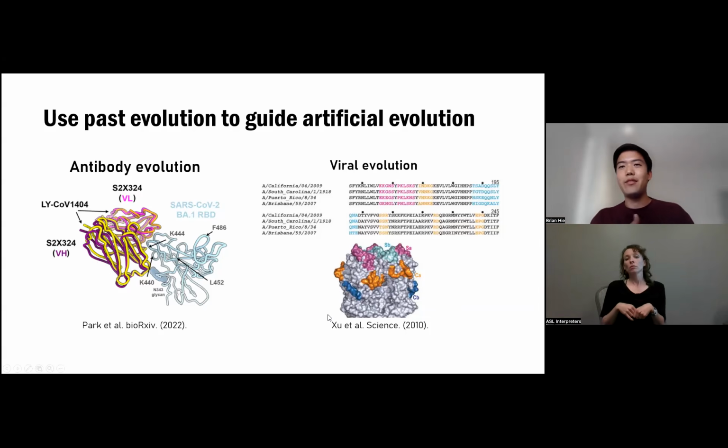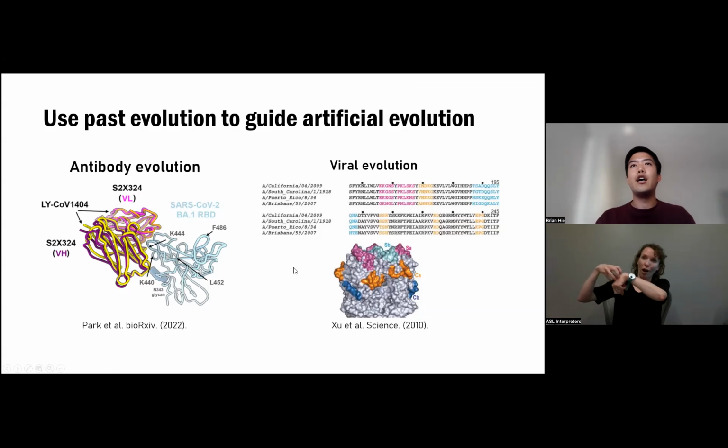Another example is from viruses. I'll keep this a little bit more brief, but when people were studying the 2009 pandemic influenza, the swine flu, they noticed that it actually looks a lot like the 1918 pandemic virus, and there's actually 80% amino acid sequence similarity in the antigenic regions of this protein, despite more than a century of antigenic drift.